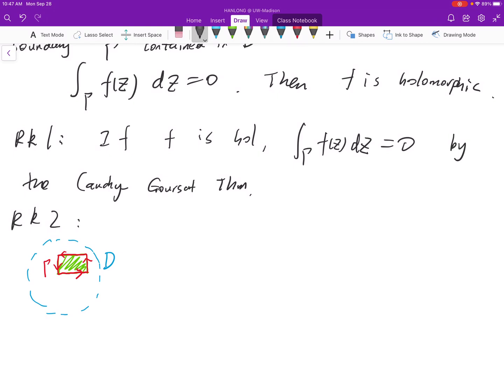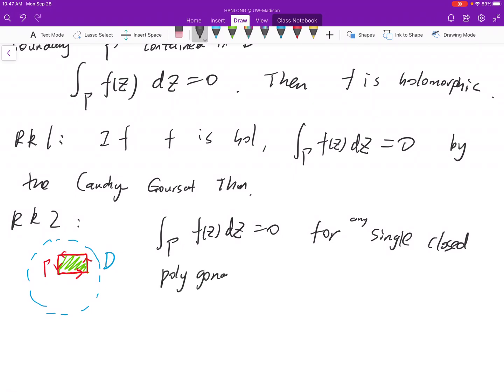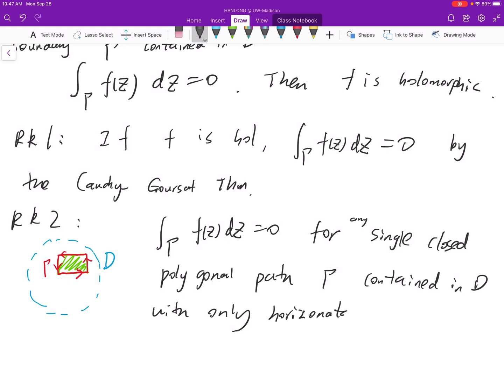Okay, and then remark 2 goes as follows. The contour integral vanishes for any simple closed polygonal path gamma contained in D with only horizontal and vertical sides.